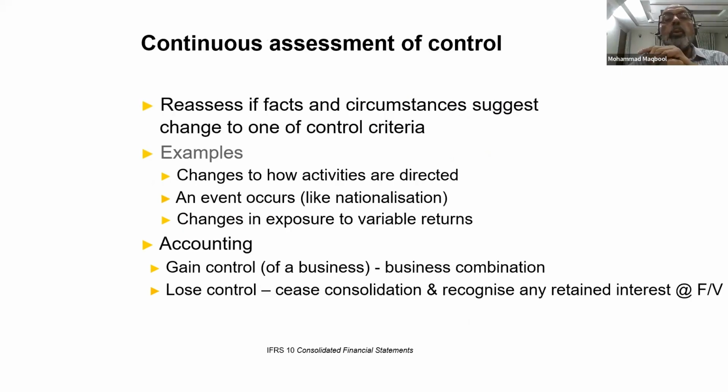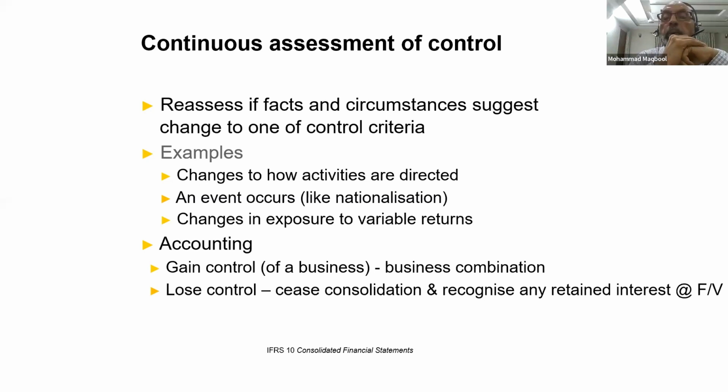So we need to reassess if the facts and circumstances change, as there are three criteria of control. We continue to watch. There could be a change in future, like a change in how activities are directed, through an agent or maybe through someone else, or maybe nationalization taking place.